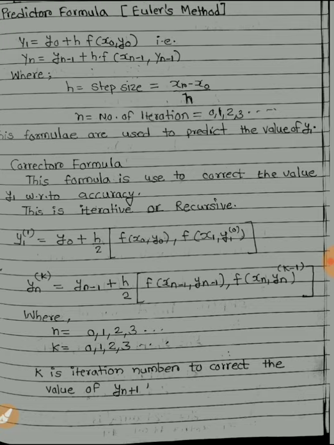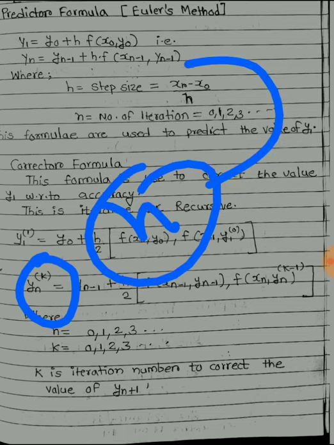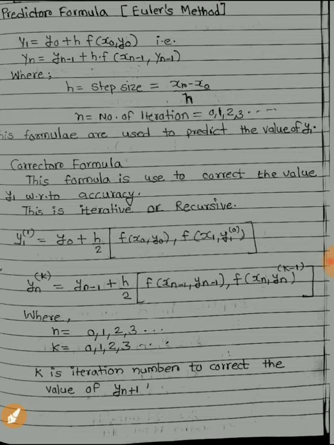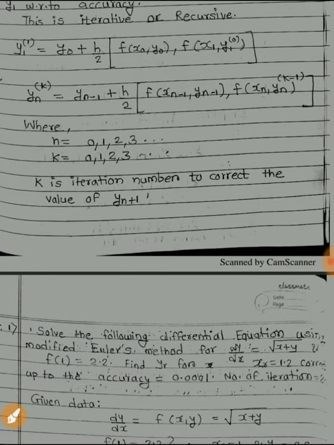This k, which is represented here as the power, is considered the iteration number to correct the value of y, while n is the number of iterations required to calculate the value of y. So these two are different, but in the problem I am confident you will understand everything I just said. Okay, so let us start with the problem.